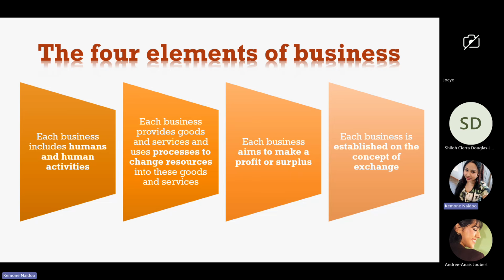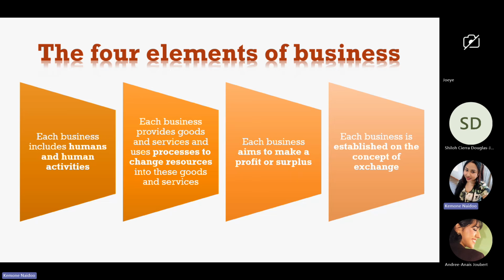Okay. So first thing, let's look at the 4 elements of business. It is always good for you to know what these 4 elements are. And they are people, our human resources, so human activities as well, processes that change our resources into goods and services, and also profit and surplus, and the concept of exchange.